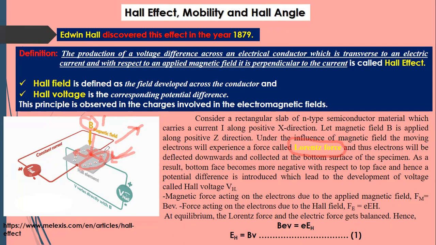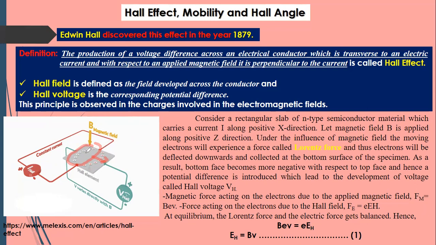The positive charge appears on the opposite side of the electrons. If suppose the electron charges are located here, then on the opposite side the positive charges are located. This appearance of opposite charges on opposite faces creates an electric field.